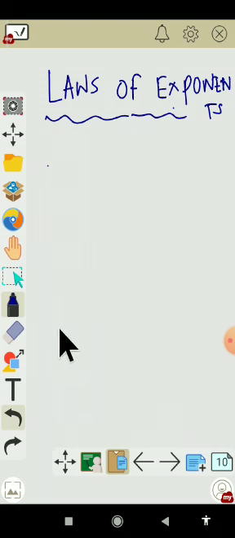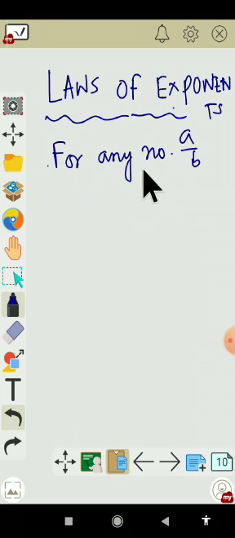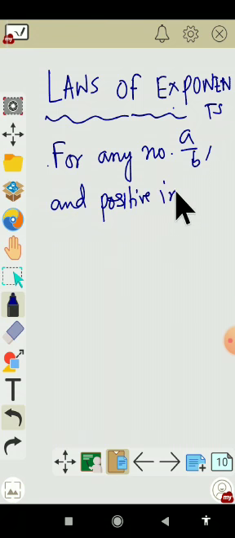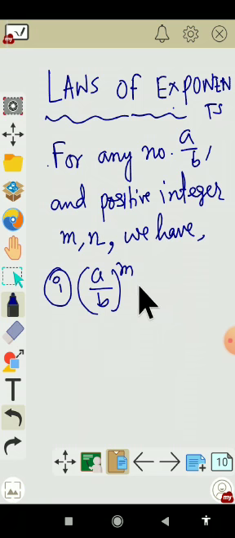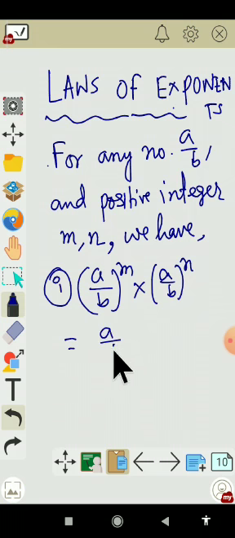For any rational number a by b and positive integers m and n, we have: first, a by b to the power m into a by b to the power n equals a by b to the power m plus n.